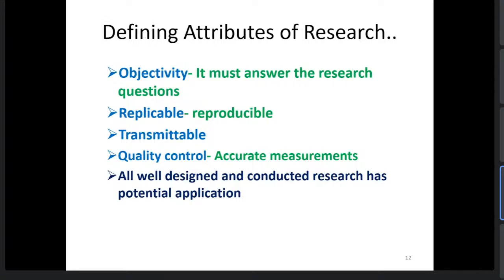Quality control is also important. That is, accurate measurement is necessary. Suppose I need to collect data, that can be found by measuring some attributes of the data. For example, a very simple example: if I would like to separate male and female, and we consider the attributes or features for all males and females, height and weight, then we have to measure the height and weight of each male and female accurately.